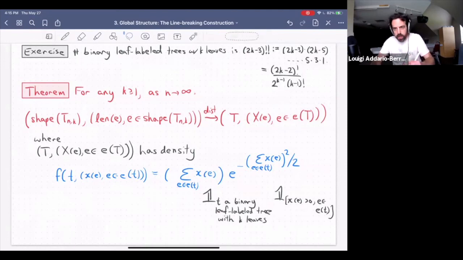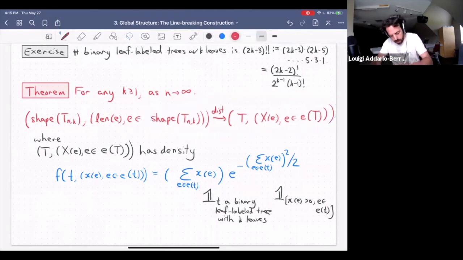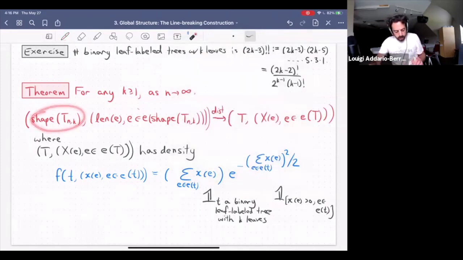Sorry, there's a question in the chat: is E in the shape to say E is a leaf? No, E is an edge of the tree. What I'm trying to describe here is the distribution of this random shape and then the edge lengths that I get.